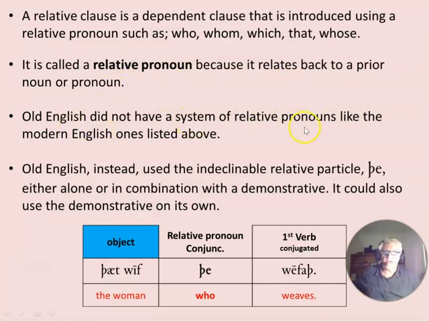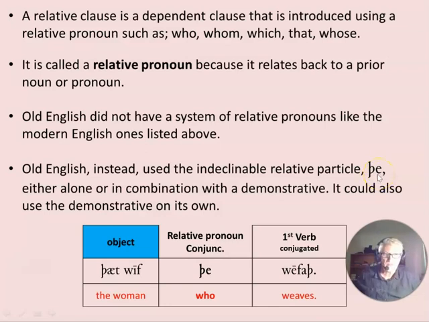Now, Old English did not have a system of relative pronouns like the modern English ones listed here: who, whom, which, that, whose. Old English instead used the indeclinable relative particle þe, indeclinable meaning it always has that form. Be careful, because there is a thorn with an e bar above it. That's the long vowel e, pronounced thay, and that is the accusative for you, singular.